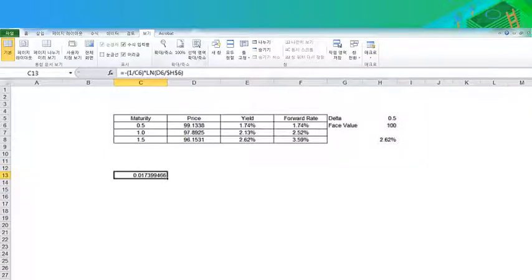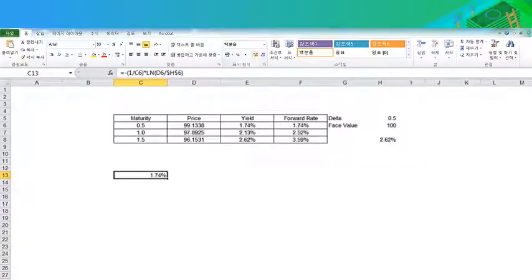So it is almost 1.74%, so we can make it percent. So we have 1.7%. We apply this formula, and we have 1.74%.